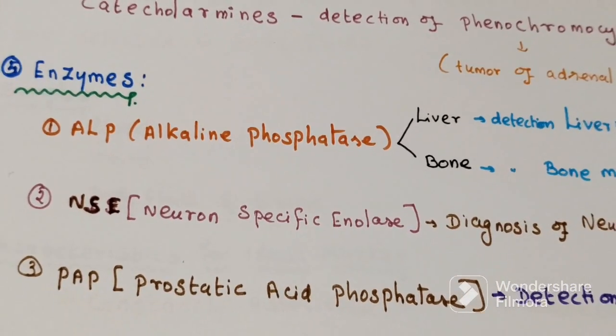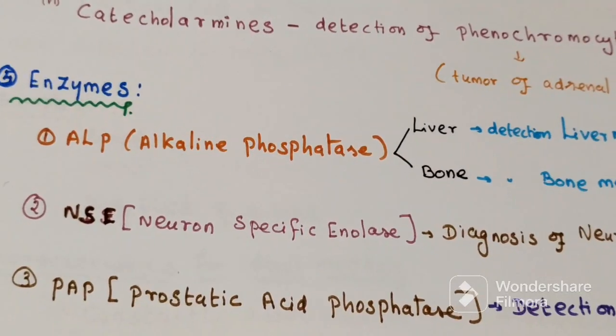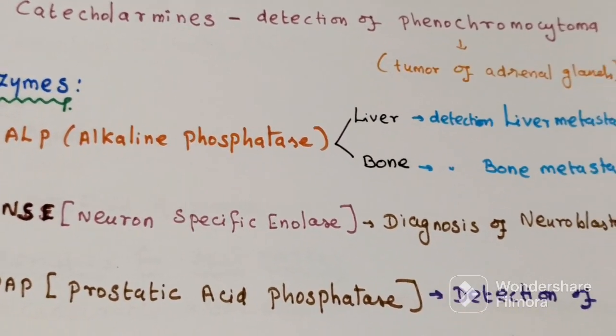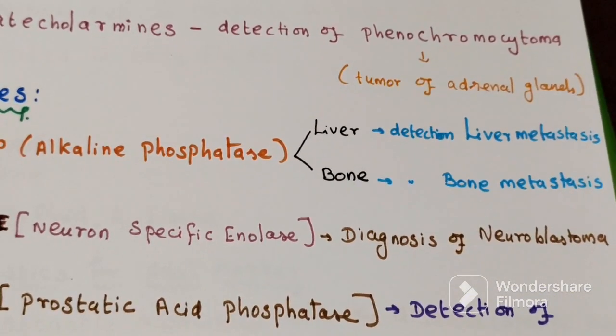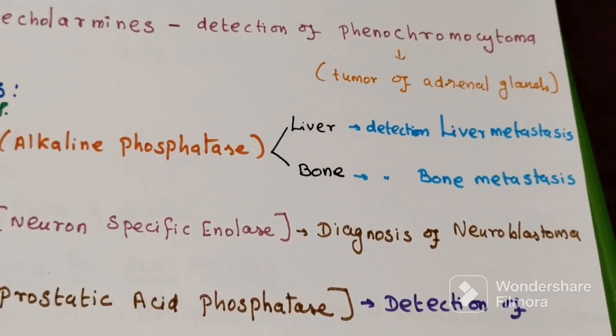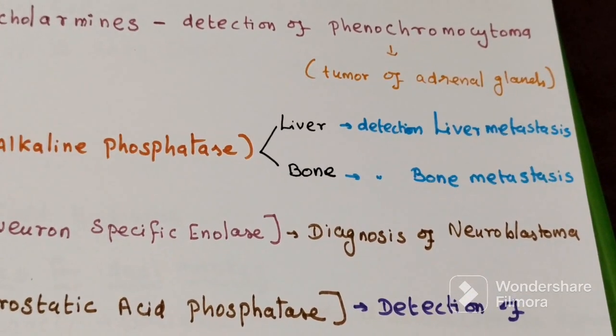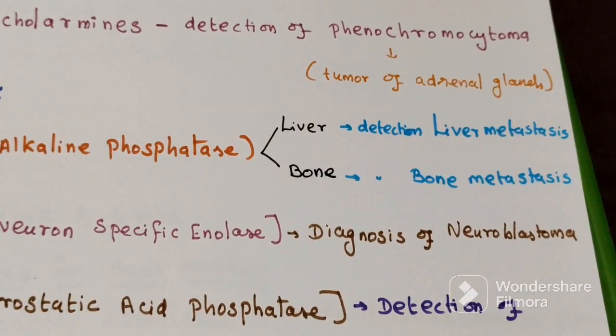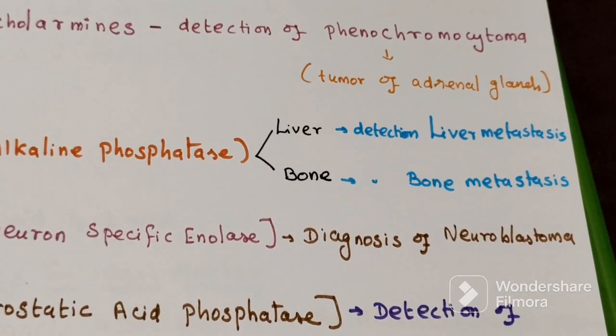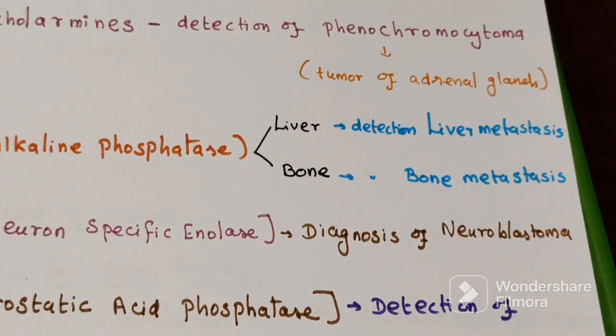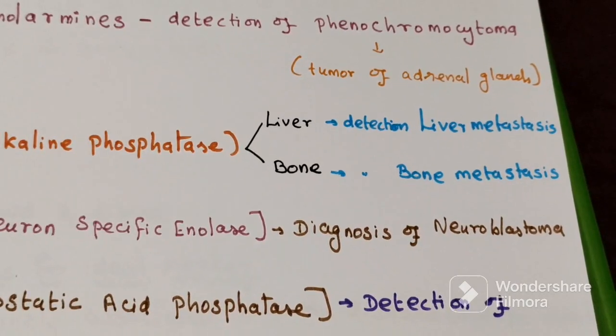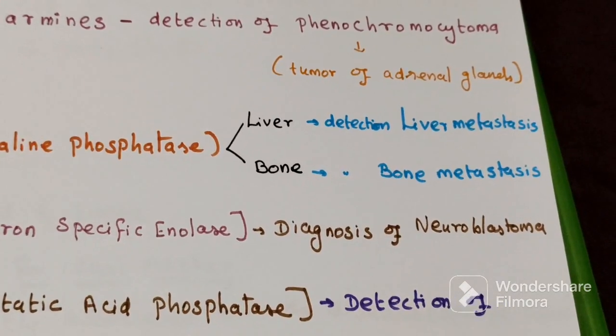The first one is ALP, alkaline phosphatase. It has two important variants, one is liver and the second is bone. The liver isoenzyme is helpful for detection of liver metastasis.